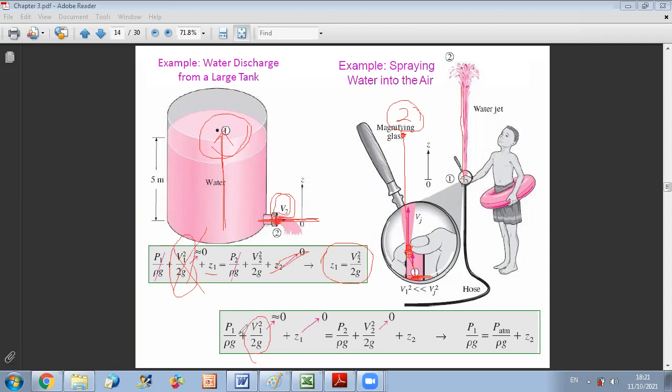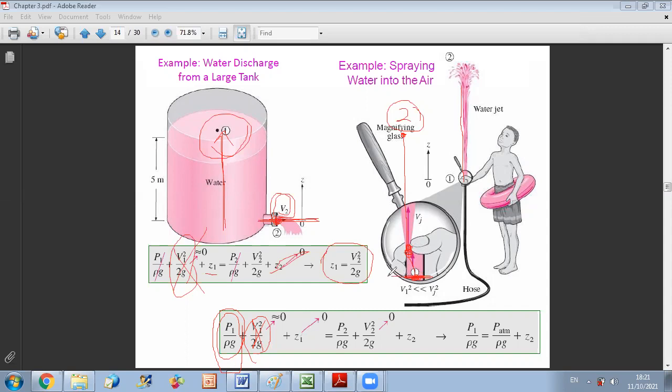And you have P1, the pressure of your flow inside the duct. And of course, the larger the pressure of the flow inside your duct, the larger the height that the water jet will reach, because the flow energy will be transformed to potential energy. So this term represents the flow energy of the water in your tube. We said that we can neglect the kinetic energy here because the cross section here is much larger than this one.